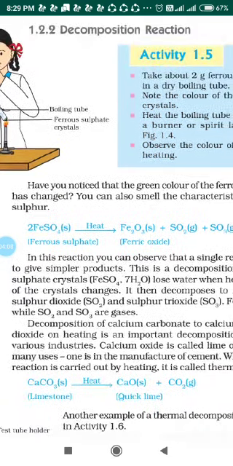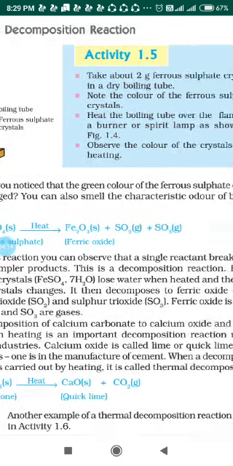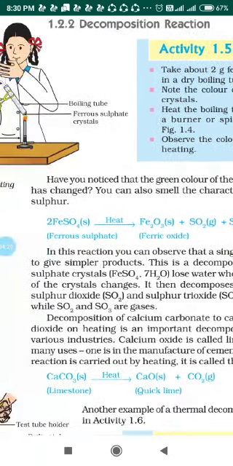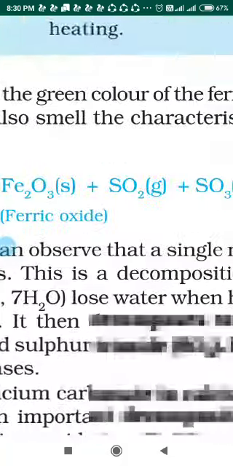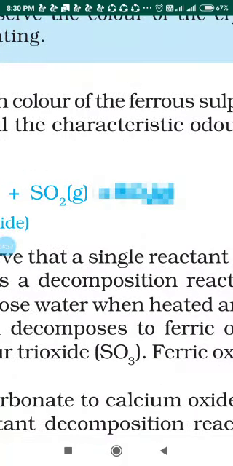Here is the example: when ferrous sulfate is heated, ferric oxide, sulfur dioxide and sulfur trioxide are formed. Here a single substance, ferrous sulfate, when heated, gives three new substances as products: ferric oxide, sulfur dioxide and sulfur trioxide.